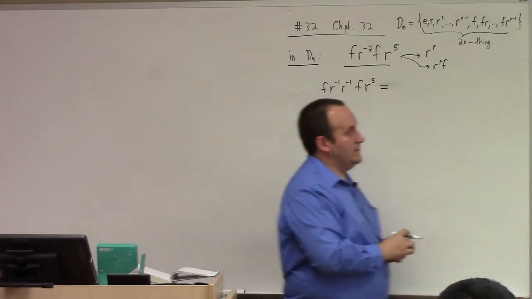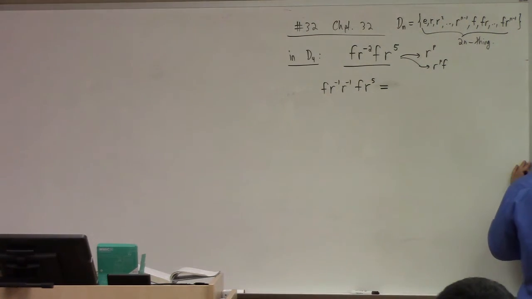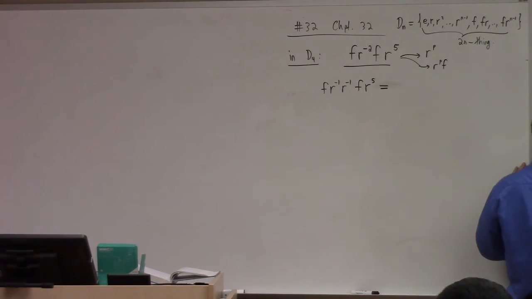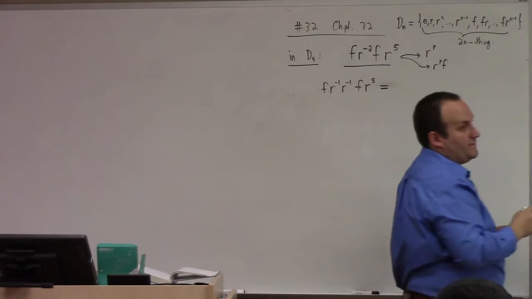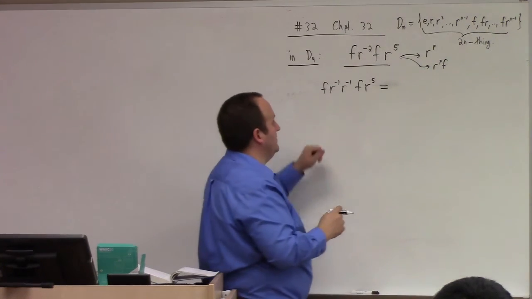So, yeah, this is true, but what else is true once you know this? Multiplying by F, we can also get from this F, R, F, F is equal to R inverse F. But FF is equal to 1, so we get FR is equal to R inverse F. That's super useful for these problems, so we can use that to manipulate.